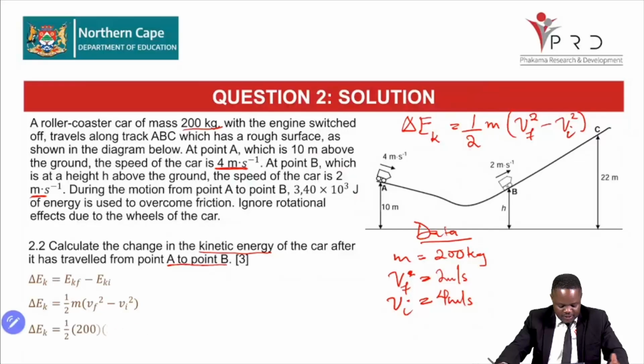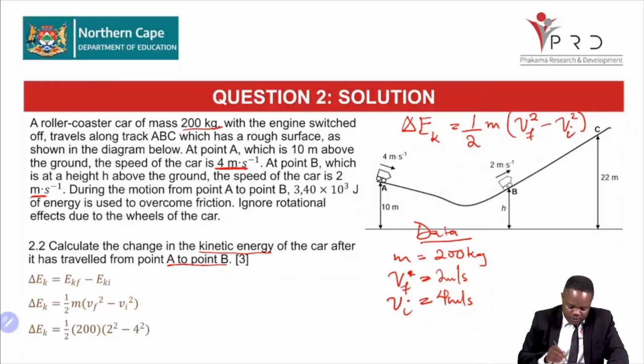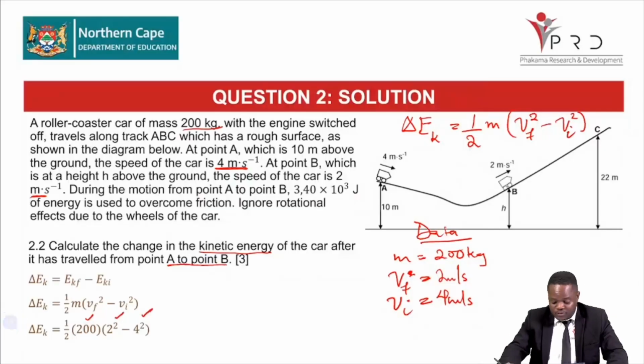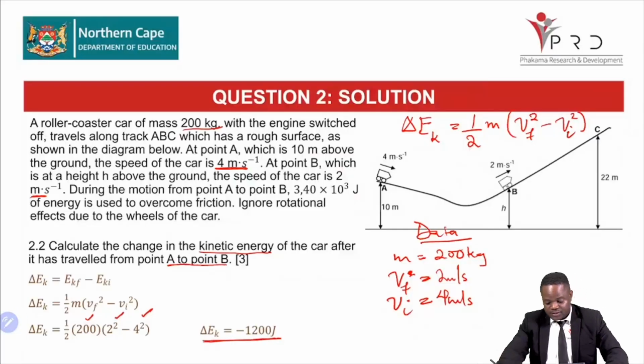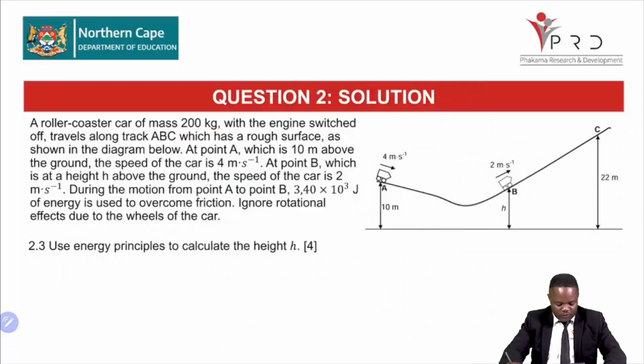We substitute mass, final velocity, initial velocity, and we get a value of negative 1,200 joules. This is our change in kinetic energy. I hope you got that correct. We go to the next part.